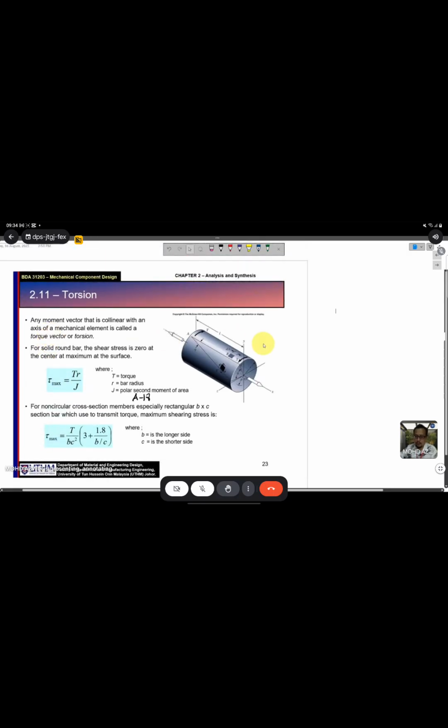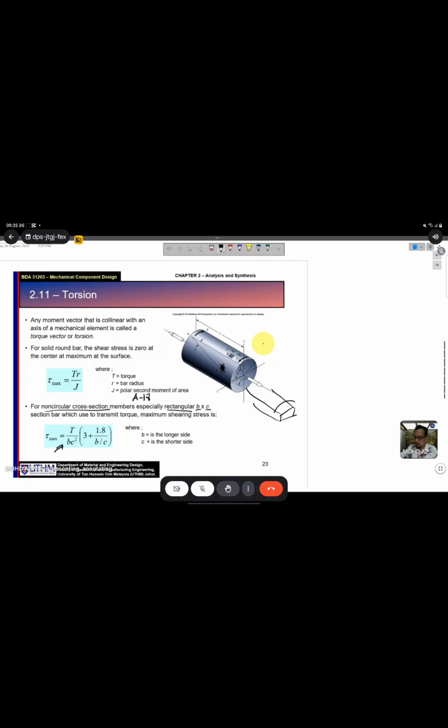Okay, so if using a non-circular cross-section, maybe a rectangle, for the rectangle you have a shape of B times C. If you want to calculate the torsional stress for the rectangle shape, you use this formula: tau max equals T over BC squared times in bracket 3 plus 1.8 divided by B over C, where B is the longer side and C is the shorter side.